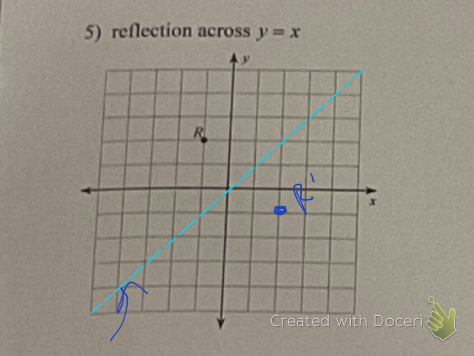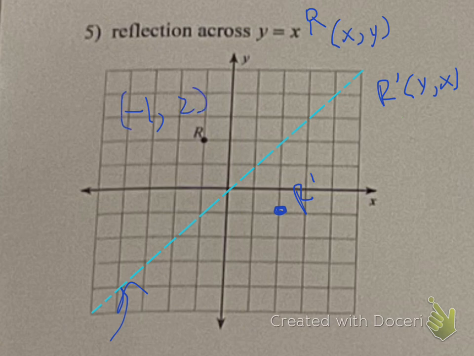So the good thing about this is, if we have an (x, y) when we're trying to find the prime, so let's say this is our R and we're trying to find R prime, we know it's just going to be (y, x). We can see that our point here is at (-1, 2), because we go 1 this way and 2 up.